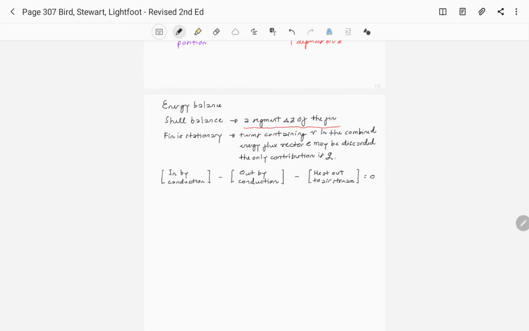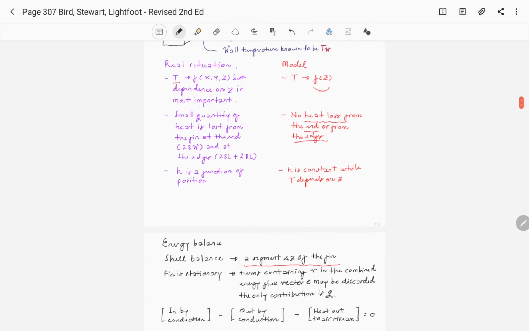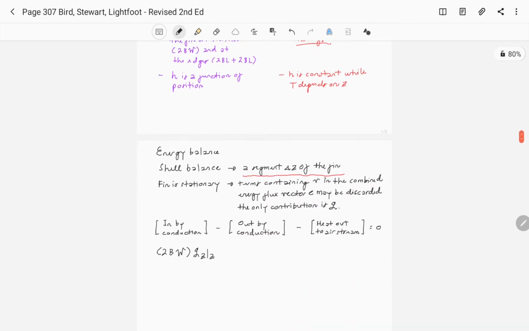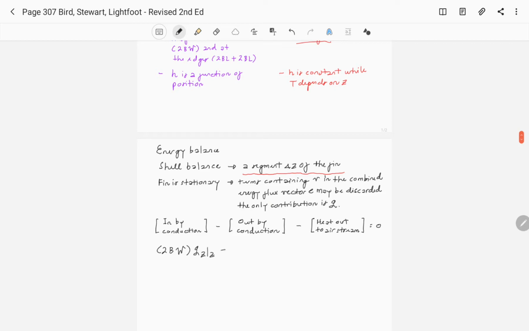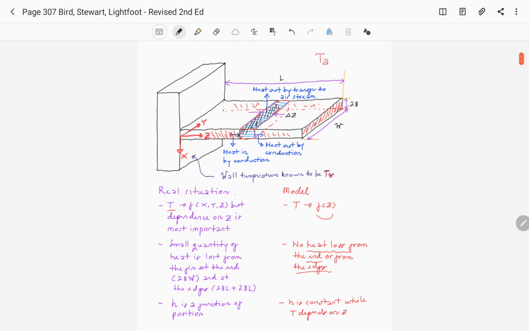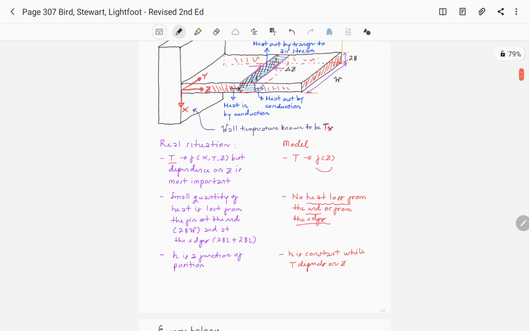Then the heat in by conduction term will be 2BW qz at z. If you see here, we are dealing with this particular area where the conduction comes in. This area has a surface area of 2B multiplied by W, and then multiplied by the heat flux that comes in. So this is the heat flux that comes in, the heat in by conduction, and then there is also heat out by conduction from a similar area.